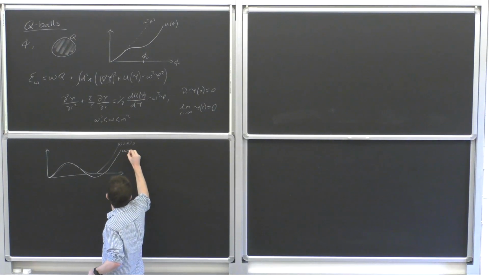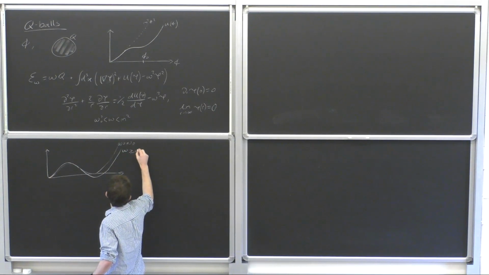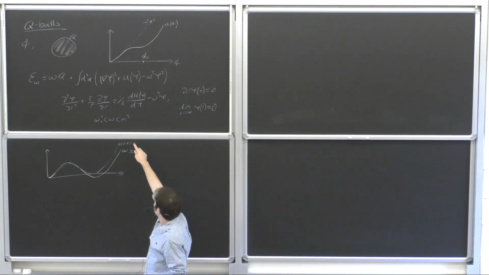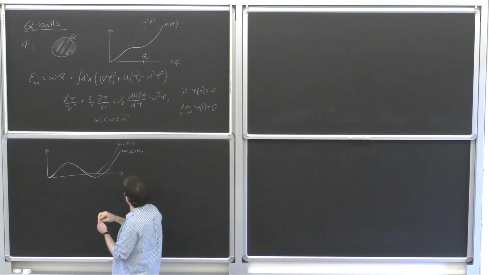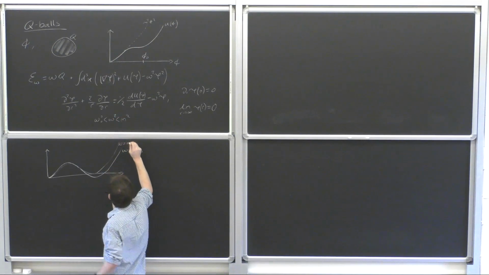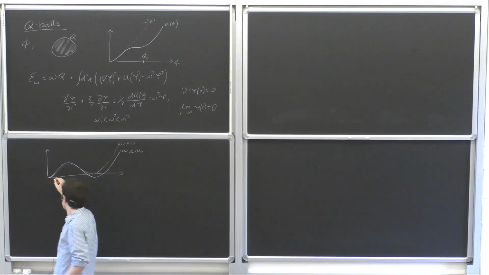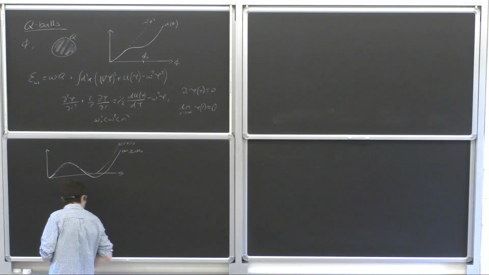This would be for omega very slightly larger than omega naught. And as I approach omega equal to m, this first minimum here almost goes away.